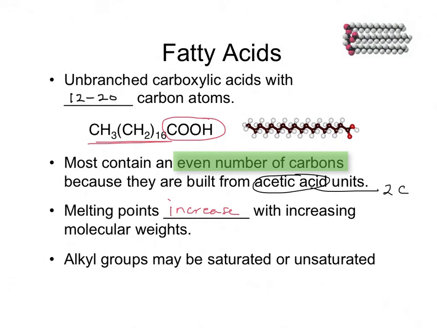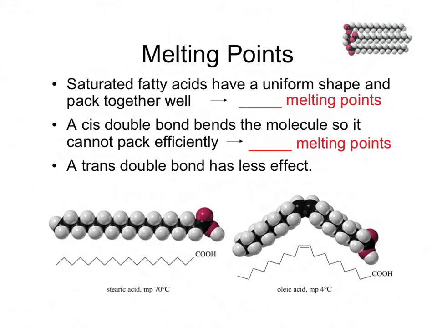The alkyl groups do not have to be saturated, like the example I have up here. They may be saturated or they could be unsaturated. And depending on how much unsaturation or saturation there is, you can end up, as we're going to see in a little bit, with a fat or an oil, which contain fatty acids. So that's going to become important in just a few minutes.